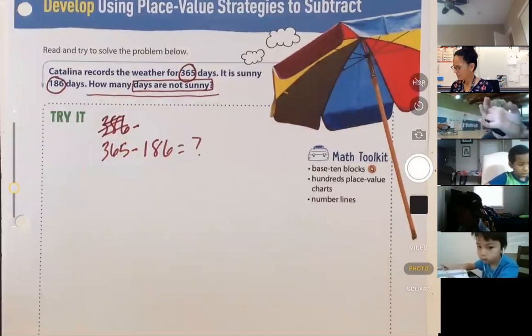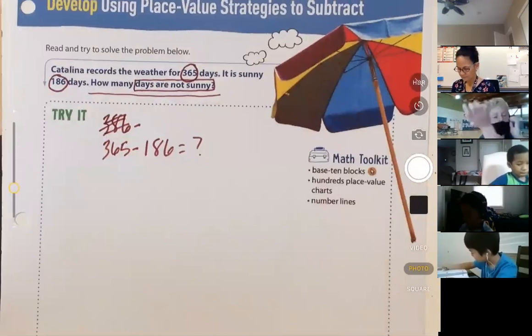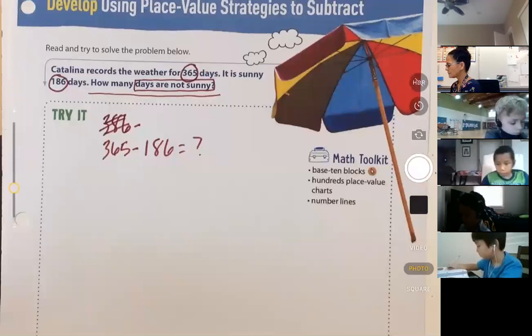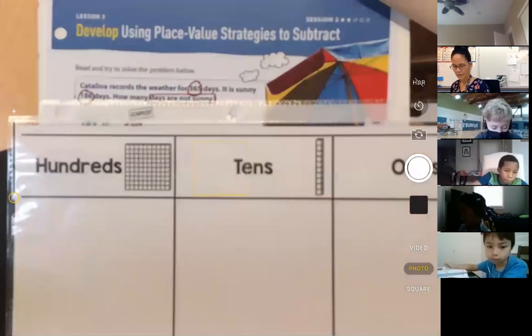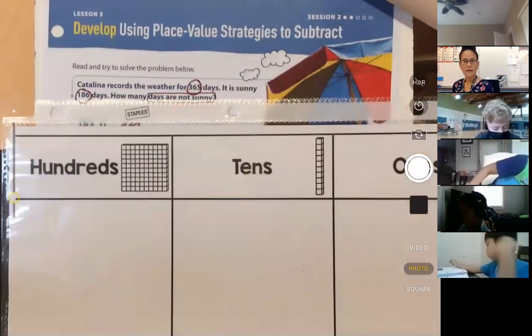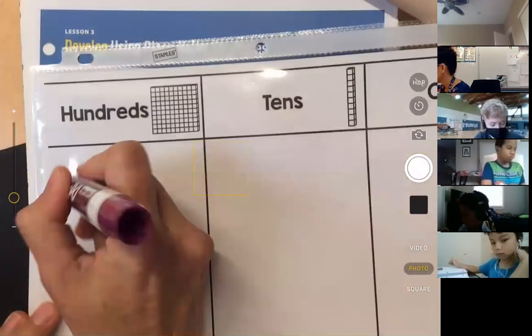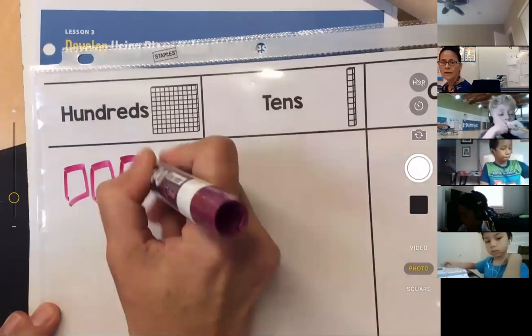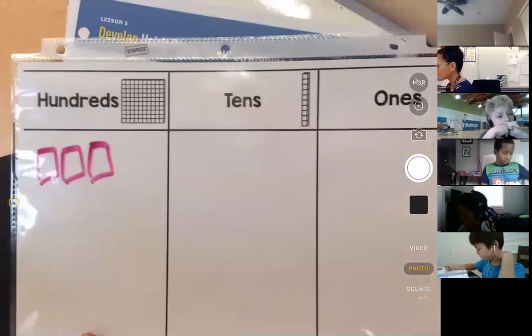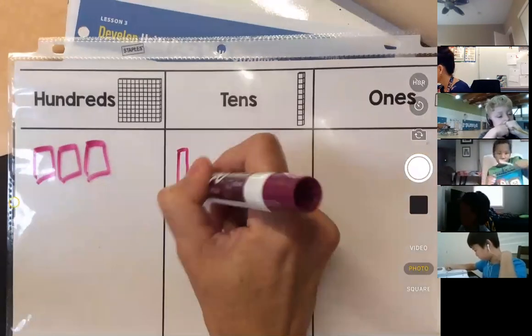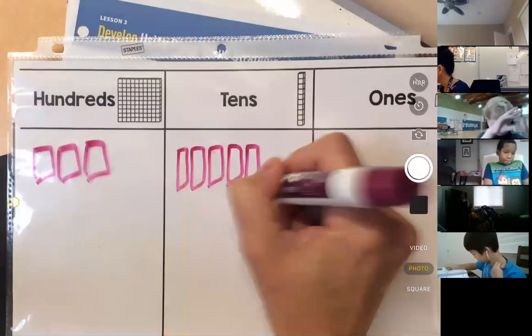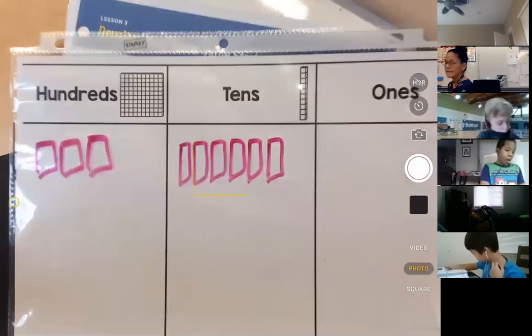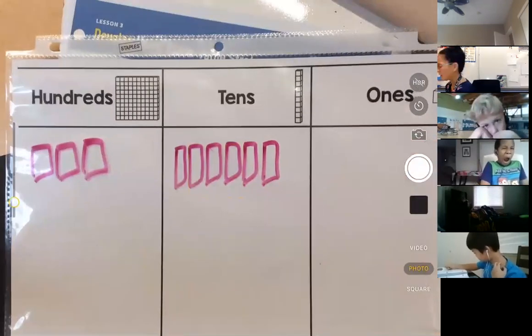Now, I could model this out, and this is what I could do. I could take the 365 and model that first. So I'm going to have 300s, six tens and 5 ones.